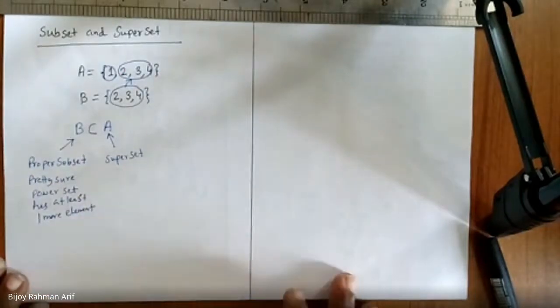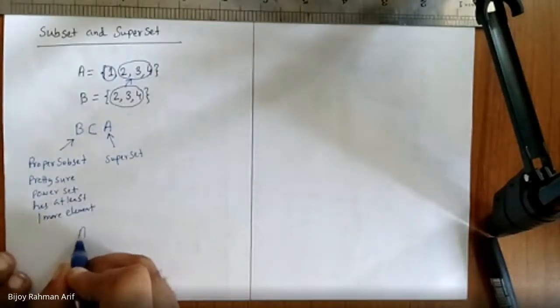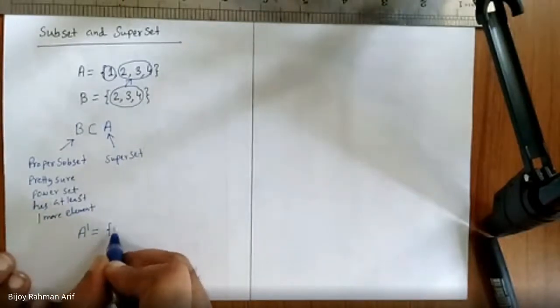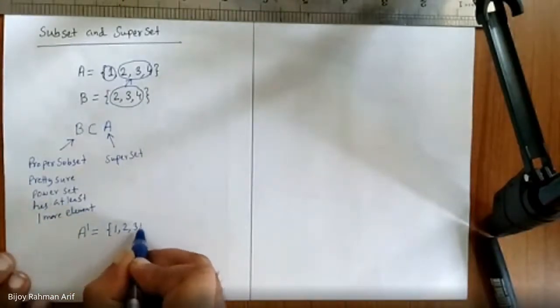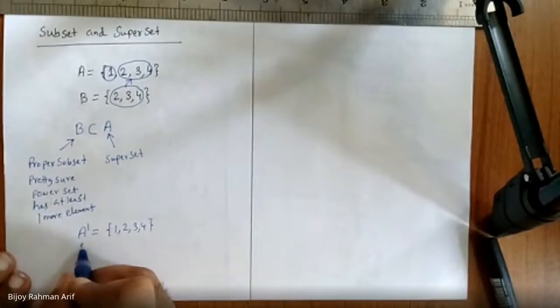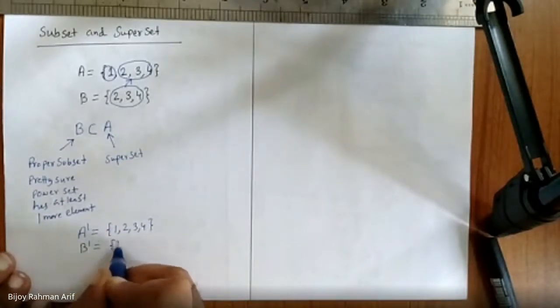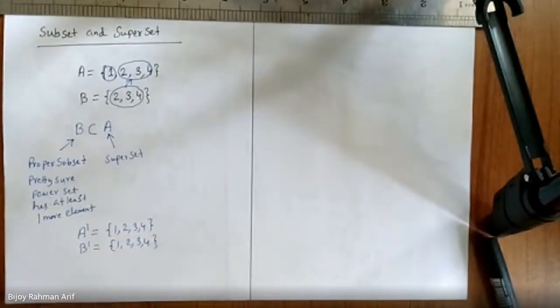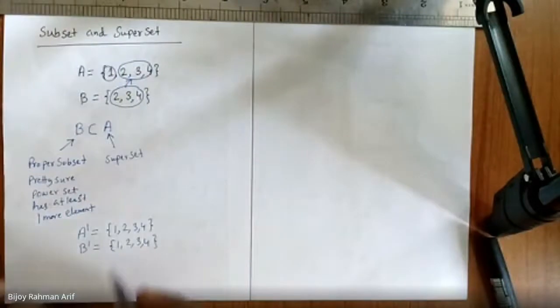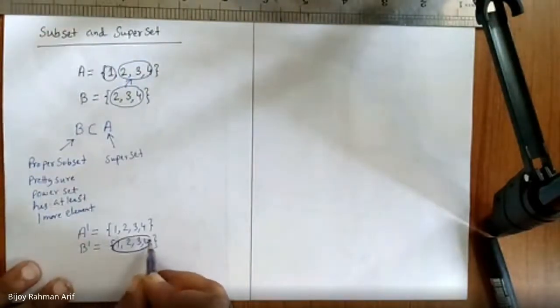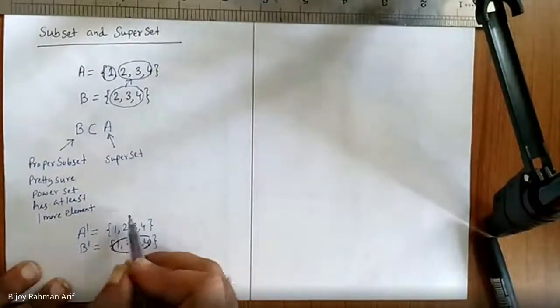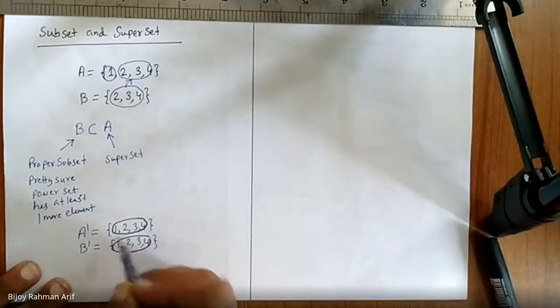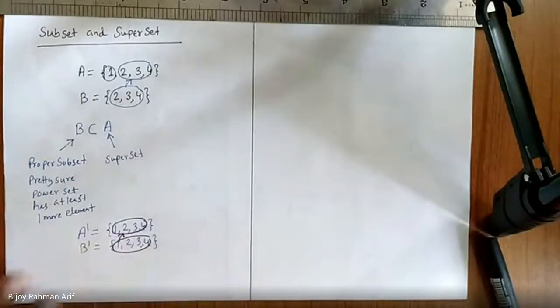On the other hand, let's take another set. A dash is {1, 2, 3, 4}. B dash is also {1, 2, 3, 4}. Here, all the elements in B dash are also present in A dash.